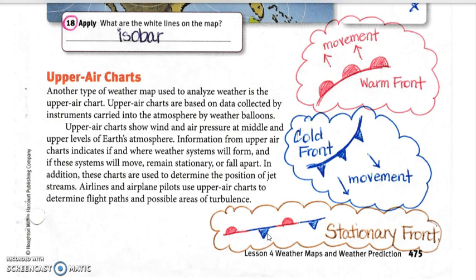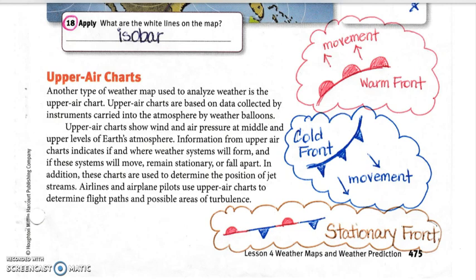And the blue tips, for instance, in this example, are pointed this way, which means this up here is colder, and it would move this way if it started moving. The red humps are this way, meaning that if the warm air started moving, it would be moving this way. So obviously the warm air is here and the cooler air is up here. But that's a stationary front. Stationary means it's not moving.